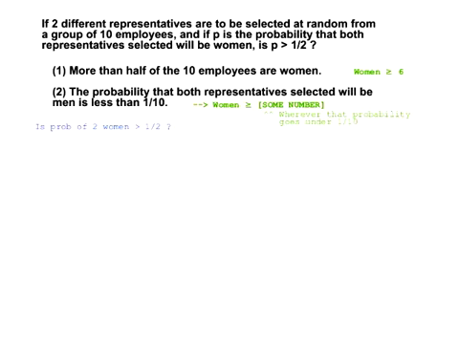All right. There's a bunch of ways that you can approach this, by the way. How do you calculate the probability of 2 women?